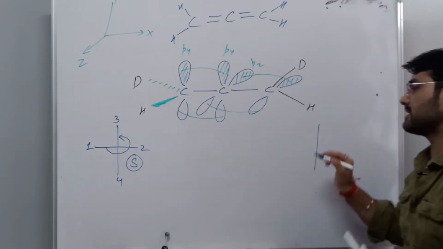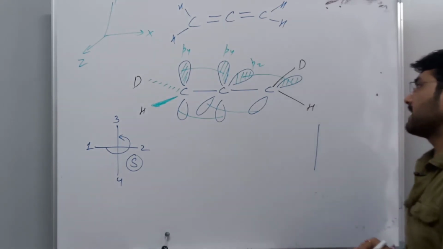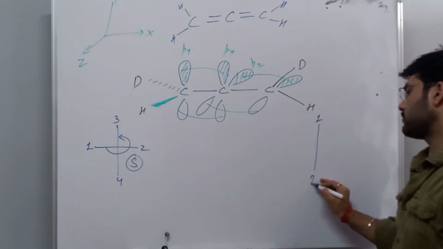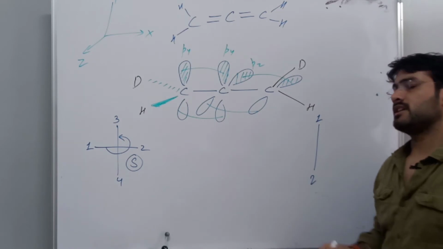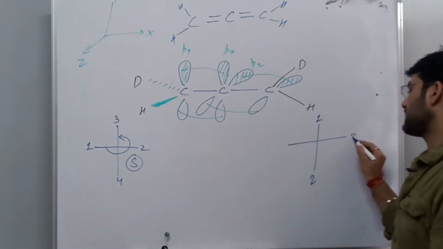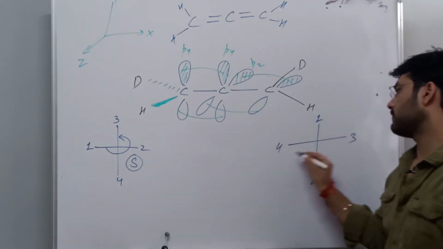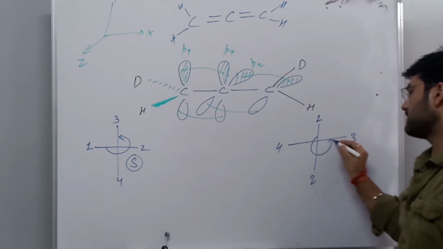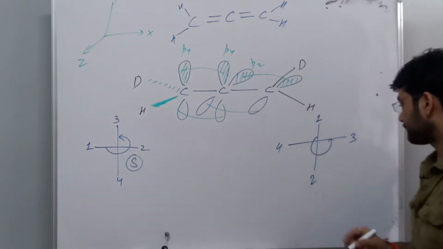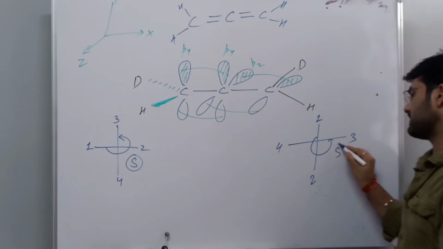It means that in this case I have to draw a vertical line first. D is upside, it means 1 and 2. What about this? Now D is on my right hand side and H on my left hand side. This is 4. What about this? 3, and this is 1, 2, 3, 4. It means this is S.